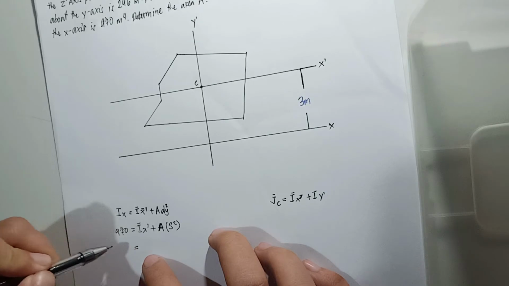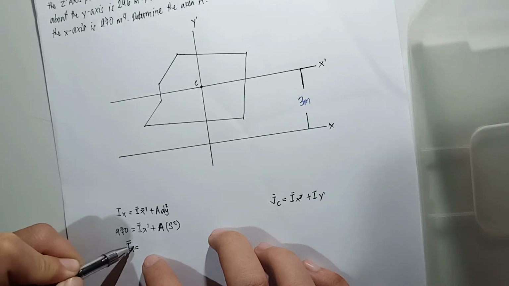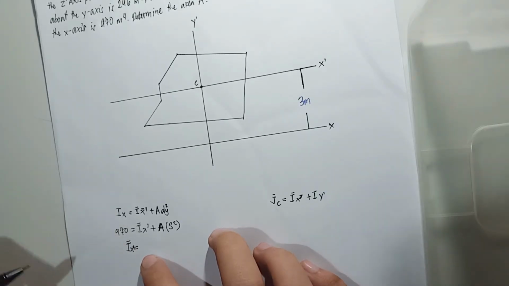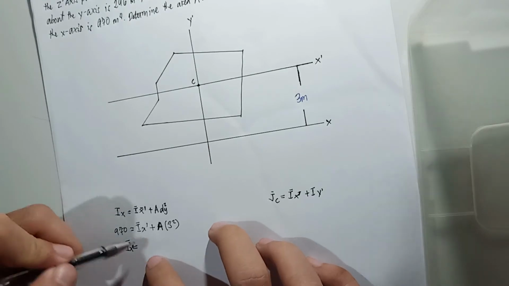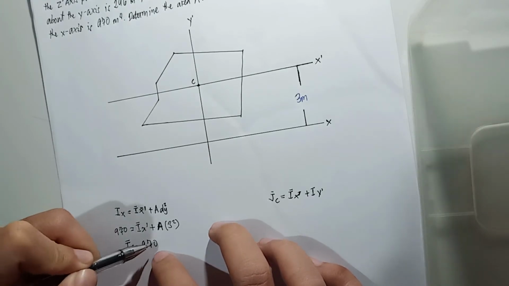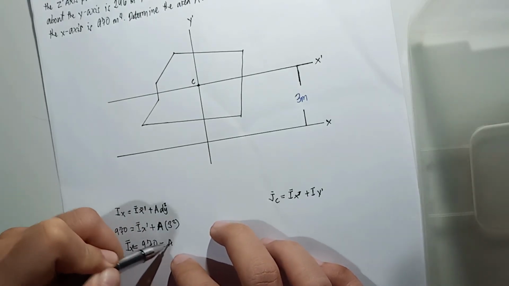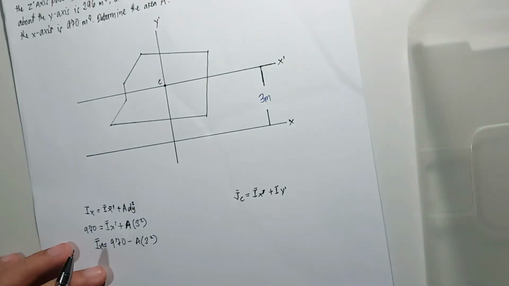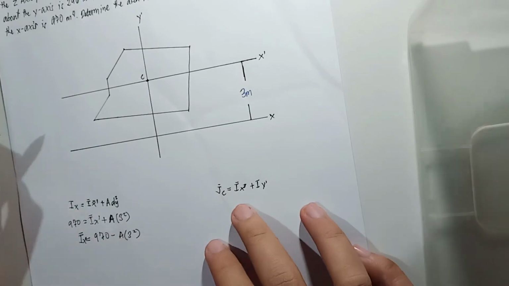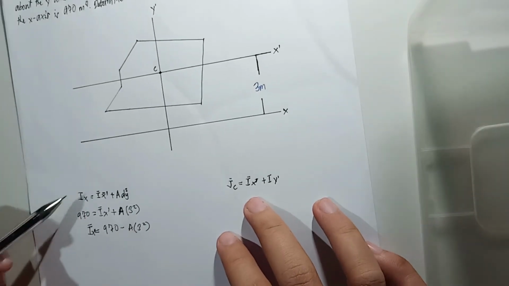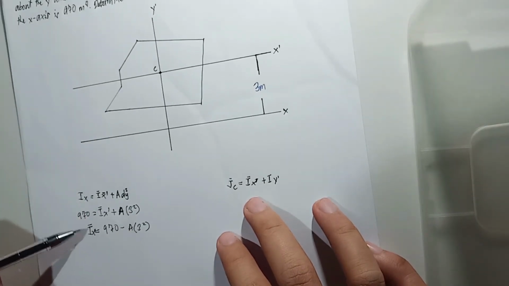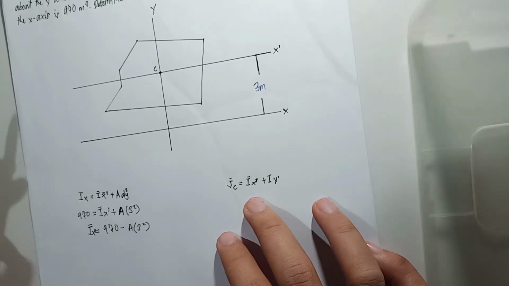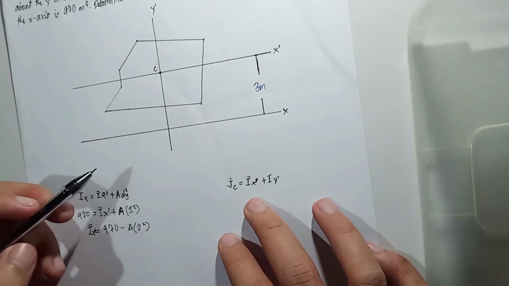So the centroidal Ix is equal to 970 minus the area times 3 squared. Then we know the centroidal moment of inertia of x. Then let's determine the area.